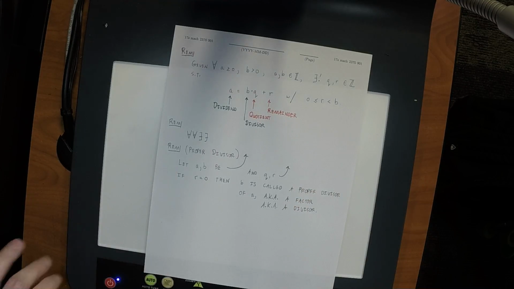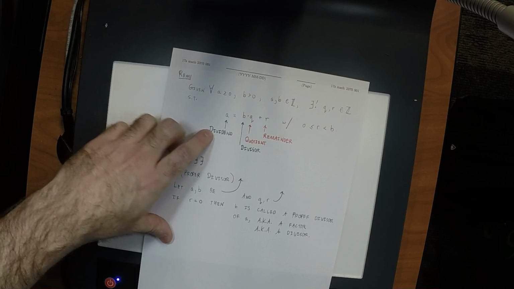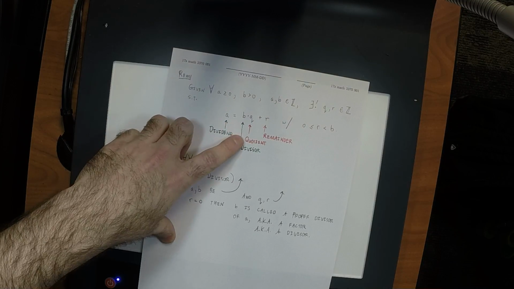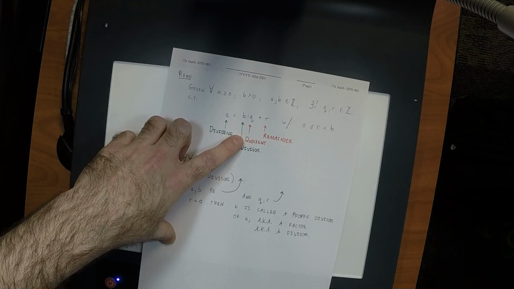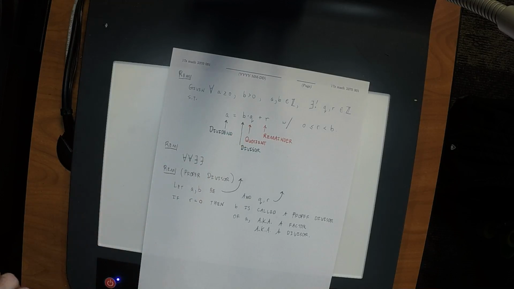So now in this you say that B is the divisor in this procedure. Then you could say, for example, note that 20 is 4 times 5. So 4 is a proper divisor of 20. However, if you take 21 and divide by 4, it has quotient 5 and remainder 1. So 4 is not a proper divisor of 21, but it is the divisor in that procedure.